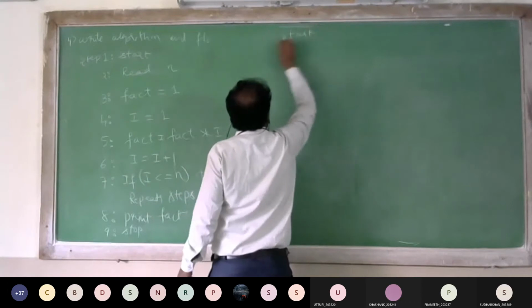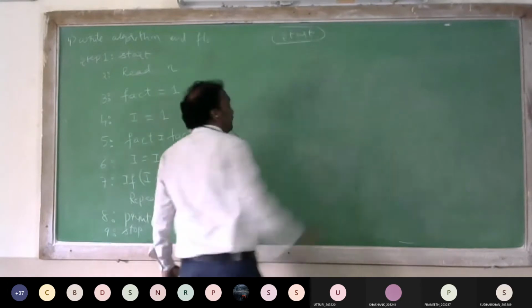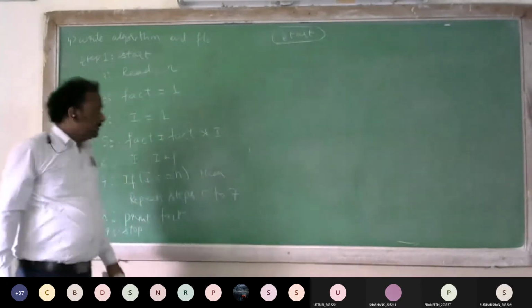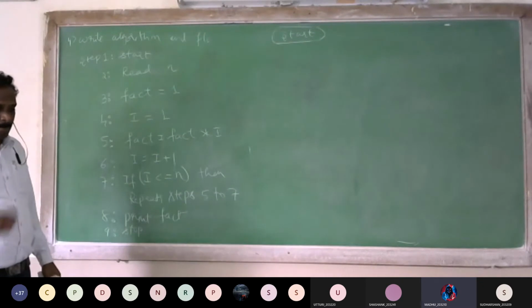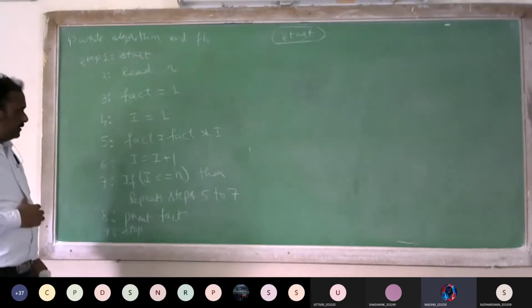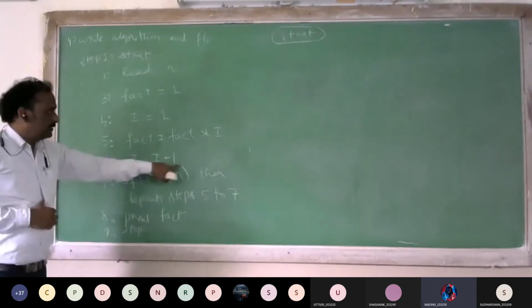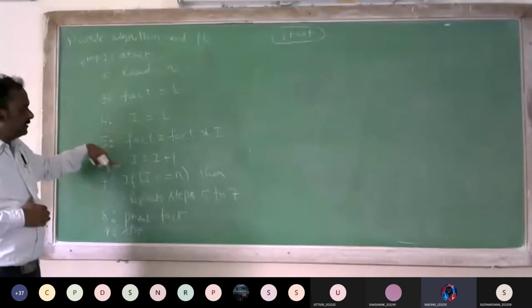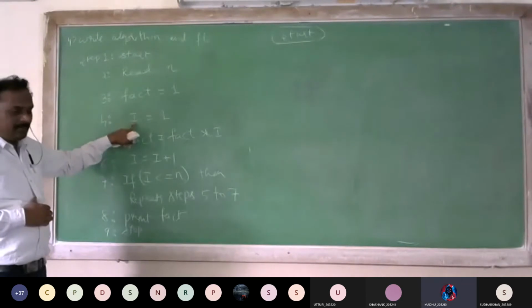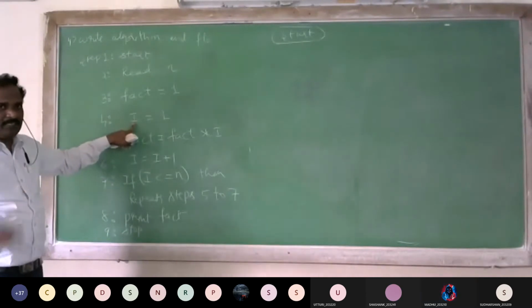Excuse me, sir. Yes. Sir, in the fourth step you denoted I as constant 1. In the sixth step you denoted I as variable, but you did not describe. In the sixth step, I is a variable: I is equals to I plus 1. Whenever I am taking a name, that itself is a variable.